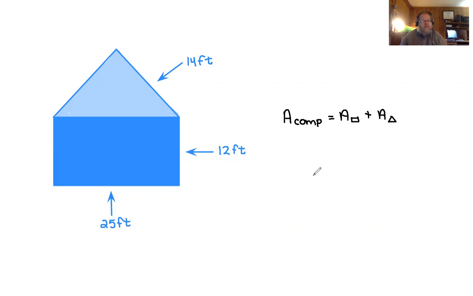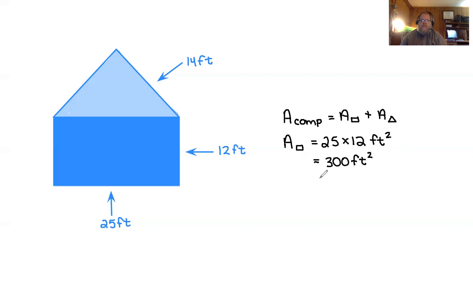Now the area of the rectangle is pretty easy. It's 25 times 12. And so area of rectangle equals 25 times 12 feet squared. So 25 times 12 is equal to 300. So that's 300 feet squared.